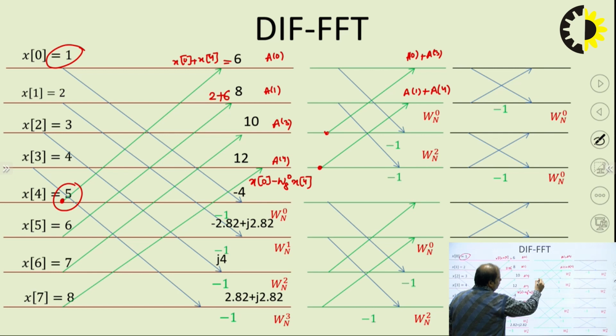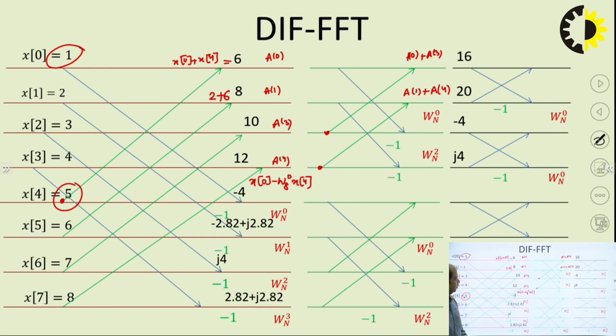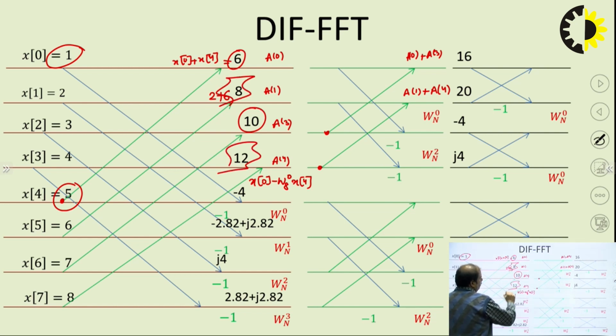So these 2 points will be straightforwardly added with the above one. So what values are we getting? We are getting 16, which is basically 6 plus 10, and 20, which is basically 8 plus 12, isn't it? We can verify for the other complex values also that the values of b of 0 are like this.